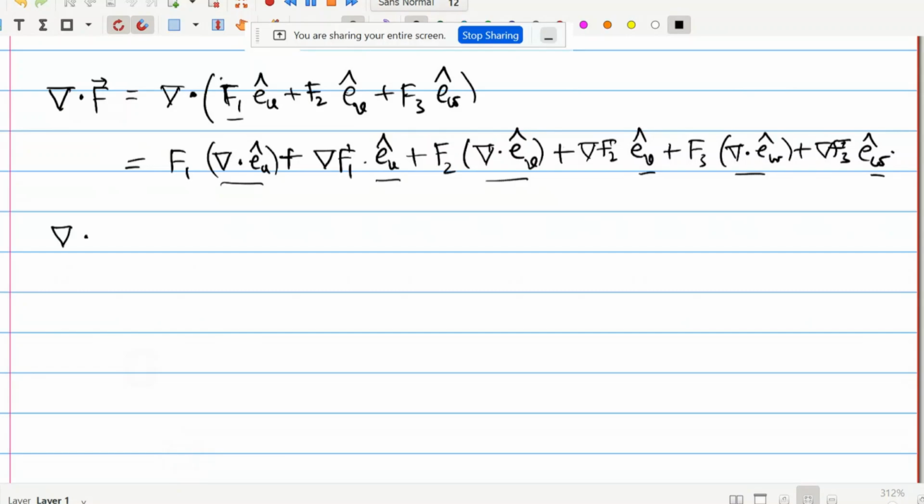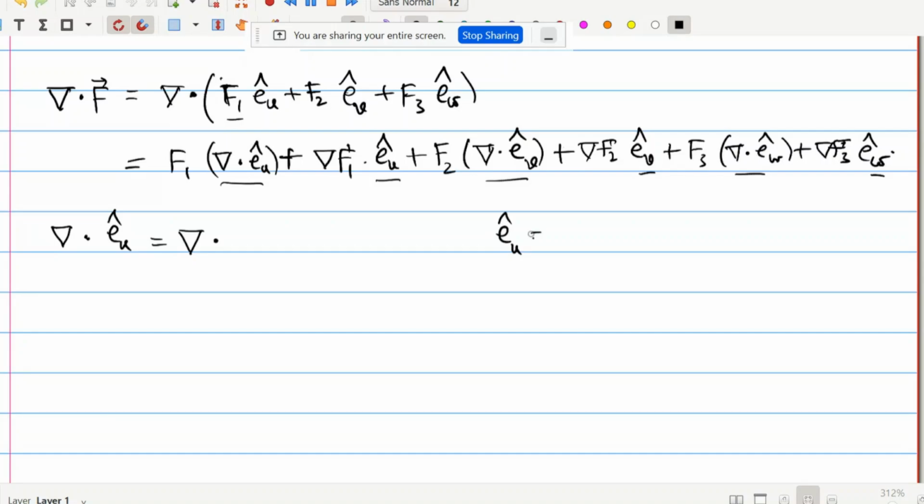So let us start with dot product with eu cap. What is eu cap? It's a unit vector, but I'm not going to write it like vector u by modulus u. What I do is eu, ev, ew are perpendicular, right? Those are unit vectors perpendicular in orthogonal curvilinear coordinates.